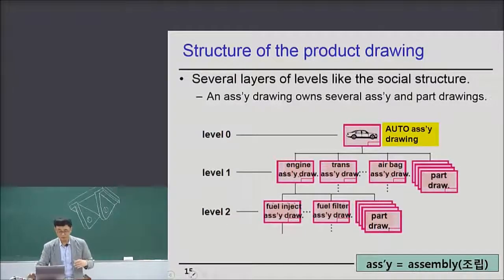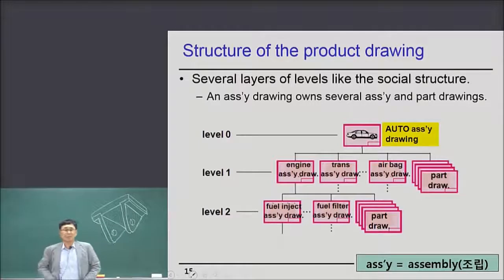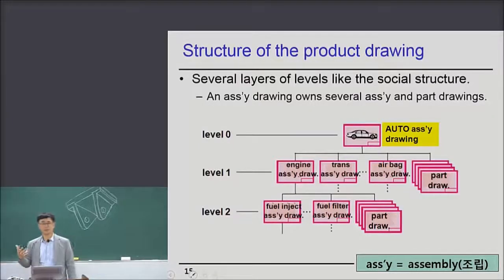In level 3, okay, level 3, level 4, level 5, level 7. In this huge structure of part drawings, the number of drawings, assembly drawings and part drawings, may be over 20,000 or 30,000.